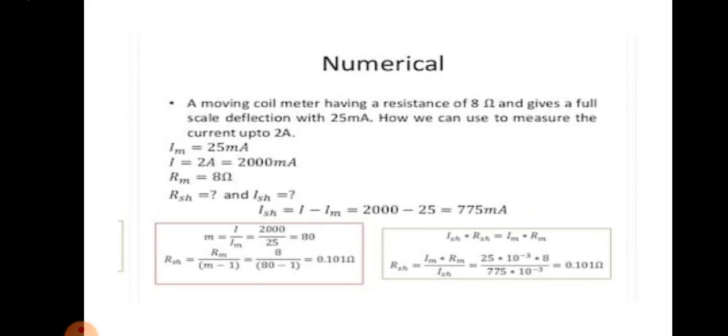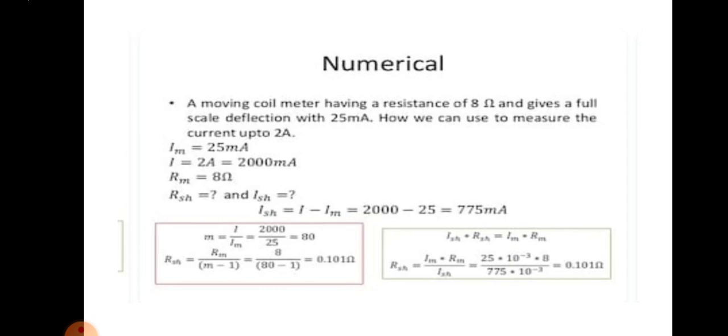Now the next example: a moving coil meter having a resistance of 8 ohm gives a full scale deflection with 25 milliampere, means the range of this ammeter is 25 milliampere. How can we use it to measure current up to 2 ampere?